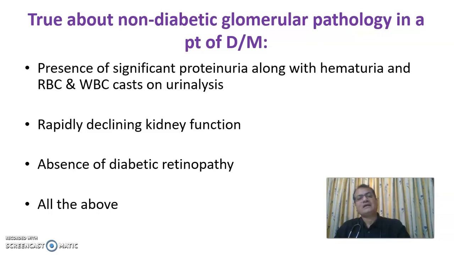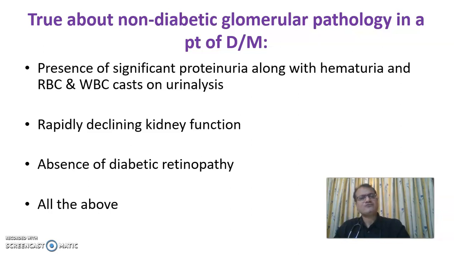So type 4 collagen is relatively more and the heparan sulfate molecules are relatively less. So we have loss of the negative electrostatic charge and therefore albuminuria is the issue in a diabetic nephropathy patient. We do not have any hematuria and cast formation there.